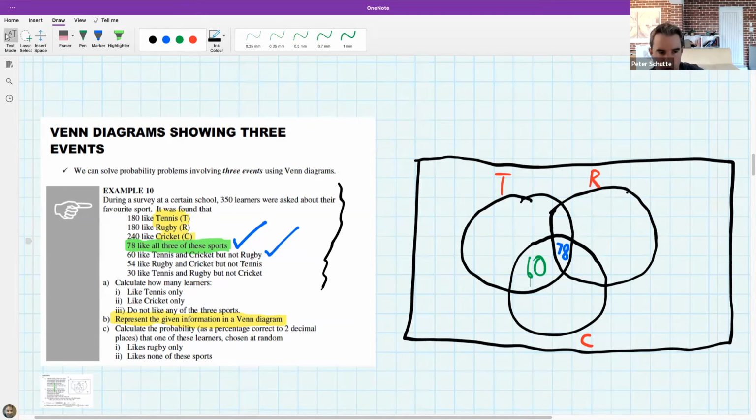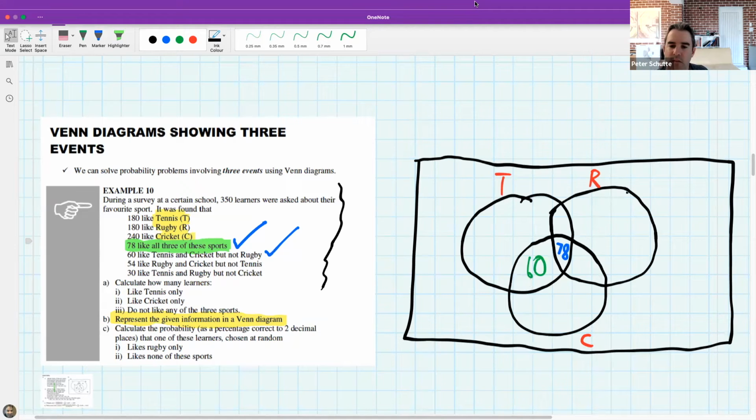So I've given you those first two bits of information just to give you a little bit of a hint. See if that helps you in figuring out the different regions. I like to tick them off or cross them off as I go.